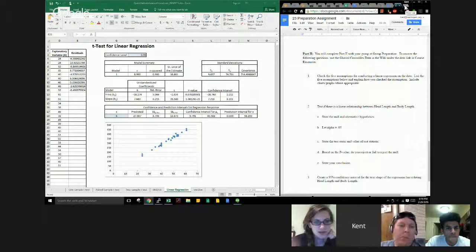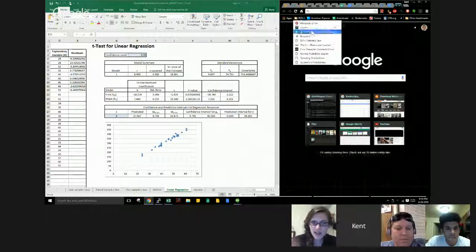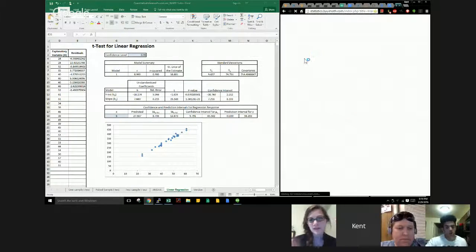Okay. So, did we decide is head length X and body length Y?